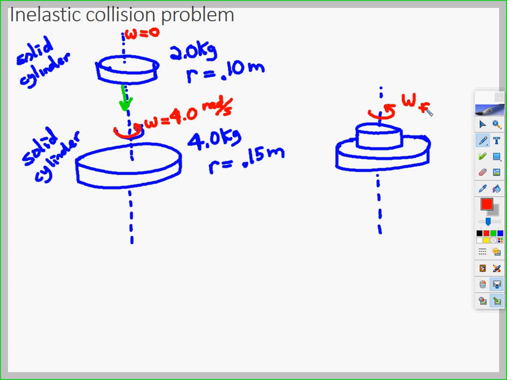Oh, these are cylinders. So remember, for a cylinder, the moment of inertia is 1/2 mr squared.